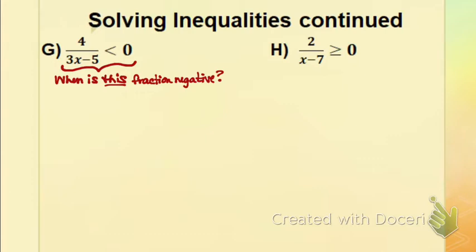How do we get negative fractions? So A over B, sorry, that looks like a 9. A over B is negative when A or B, but not both, are negative.